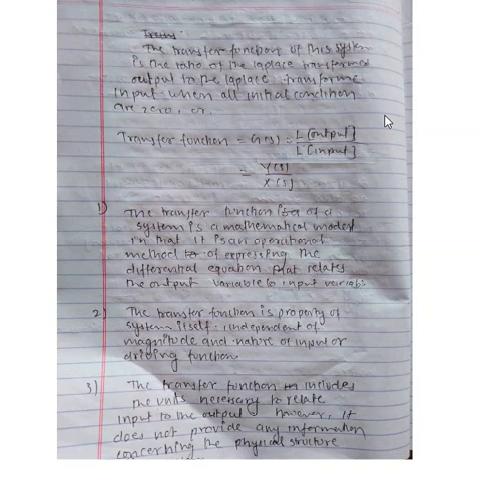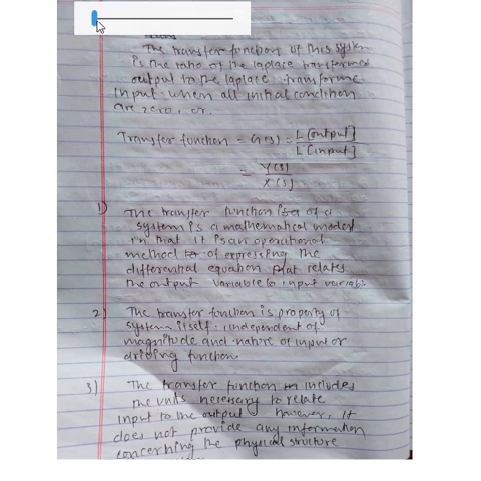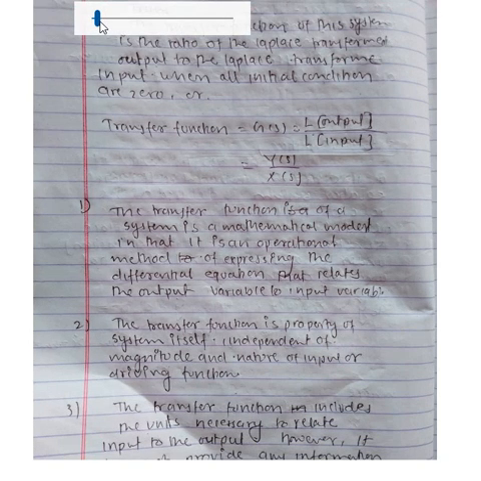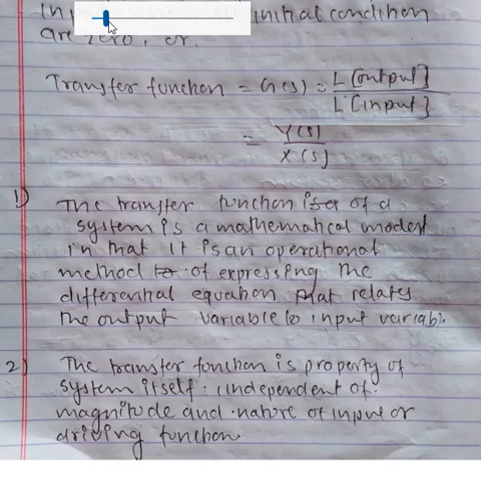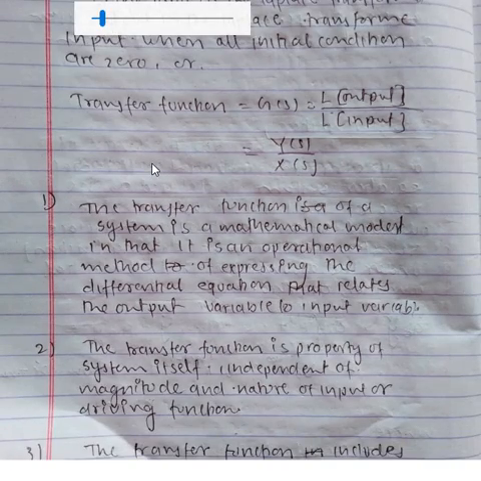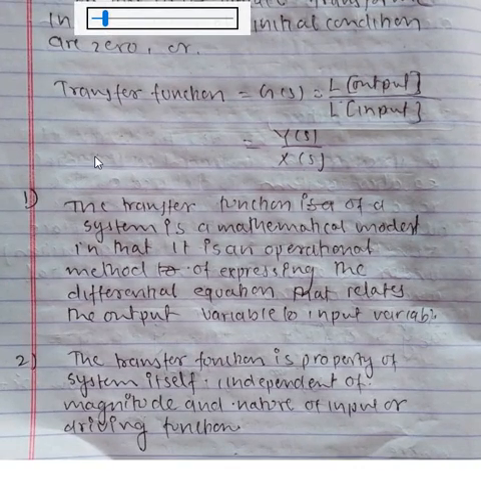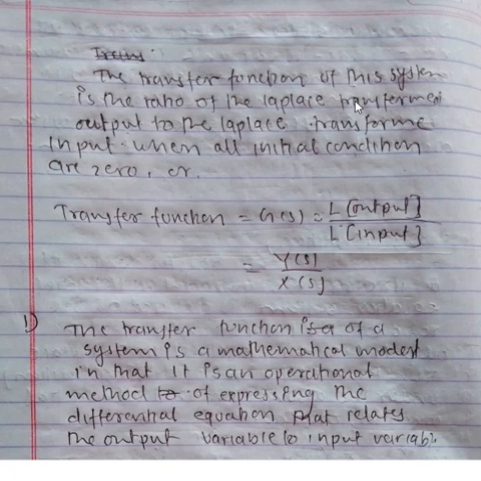So the transfer function of the system is the ratio of the Laplace transform of the output to the Laplace transform of the input when all initial conditions are 0.